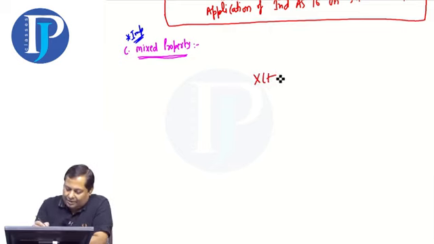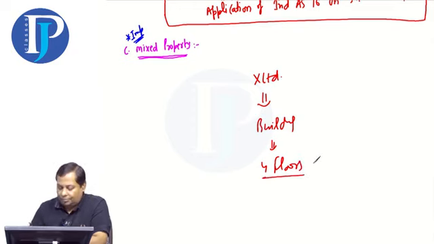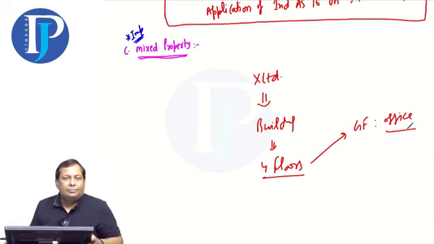There's a company X Limited, and this company has a building. This building consists of 4 floors. Out of these 4 floors, the ground floor has the office which the company has opened, and they are running their business from this office.